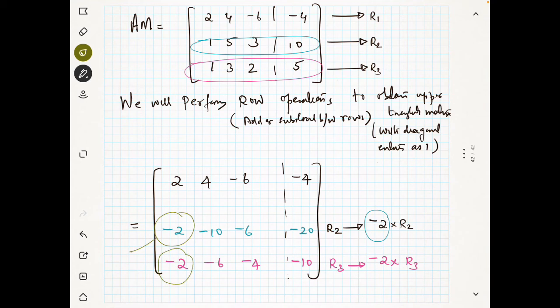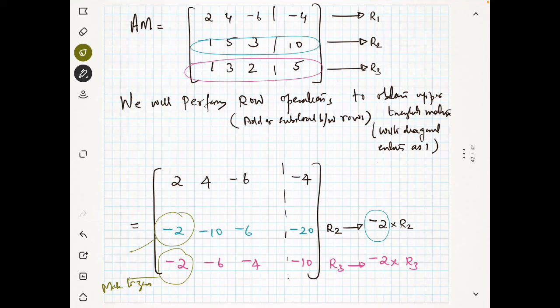That's what we are going to discuss: how we can make this 0.